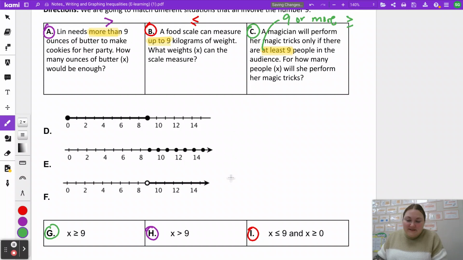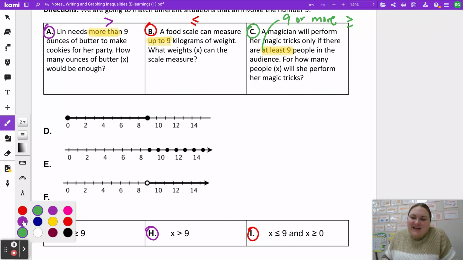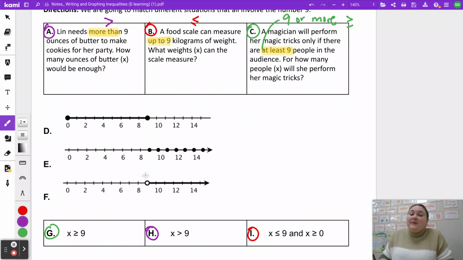Once you've got this matched, that helps us identify our number lines here. So looking at Lynn needs more than 9 ounces, looking through these graphs here, more than 9 would be numbers like 10, 11, 12. So I can eliminate D. It's not going to be D. It's going to be either E or F. Maybe you use the open and closed circles to help you decide here.